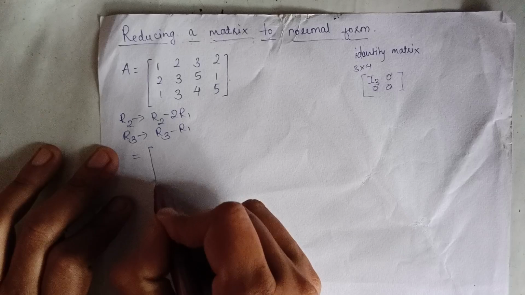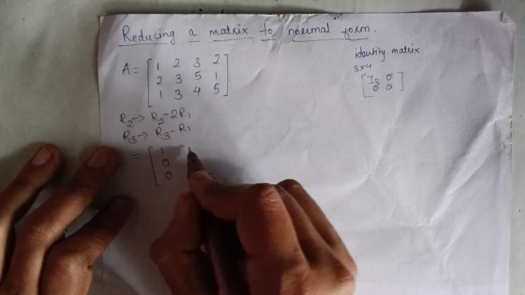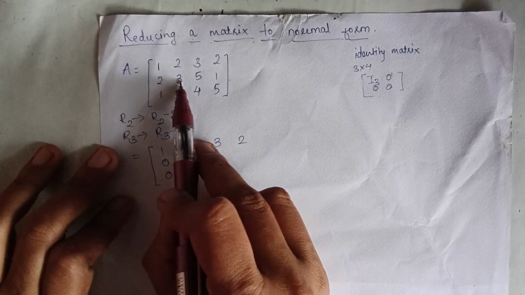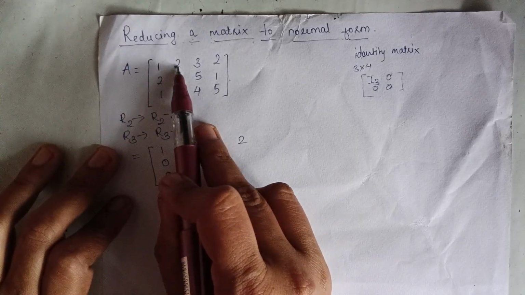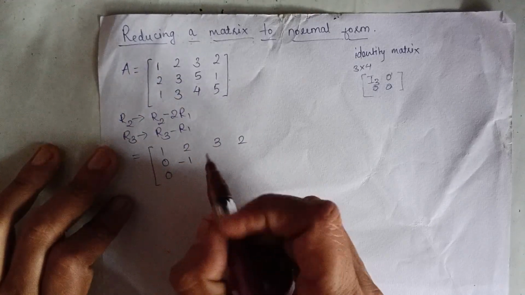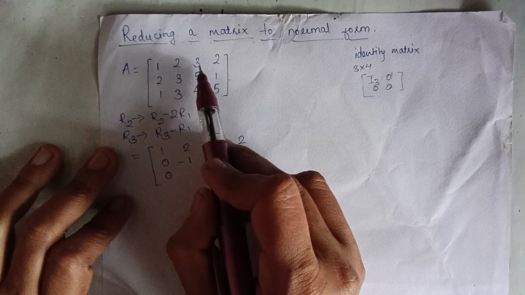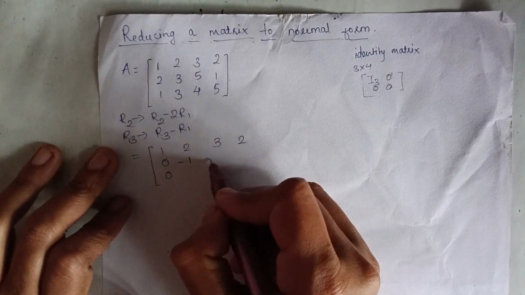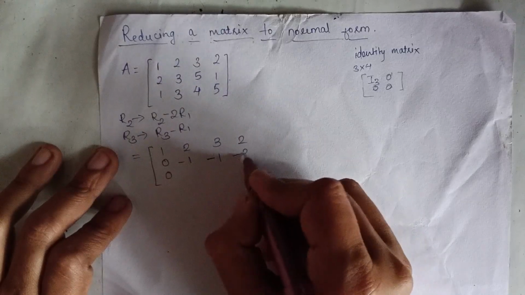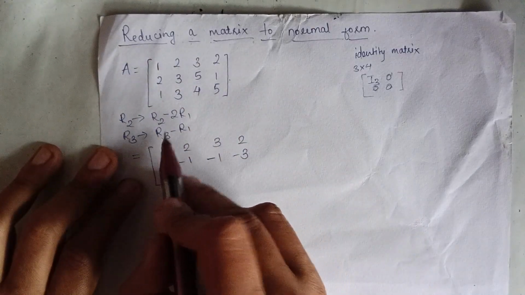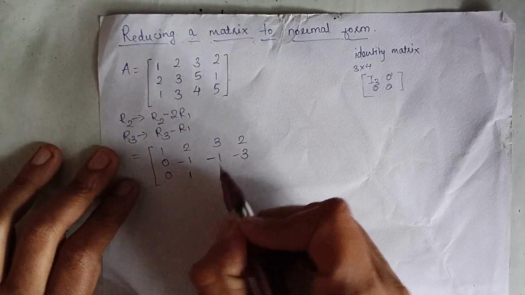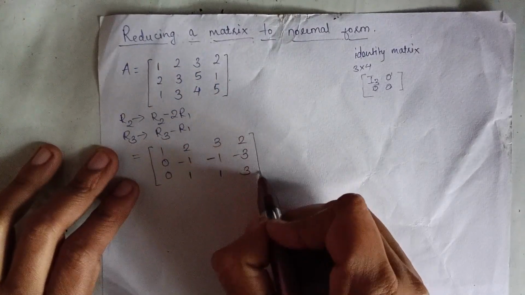So this is 1 0 0, R1 remains the same. 3 minus 2 into 2, so 3 minus 4. 5 minus 6. 1 minus 4. What about this? 3 minus 2, 1. 4 minus 3, 1. 5 minus 2, 3.